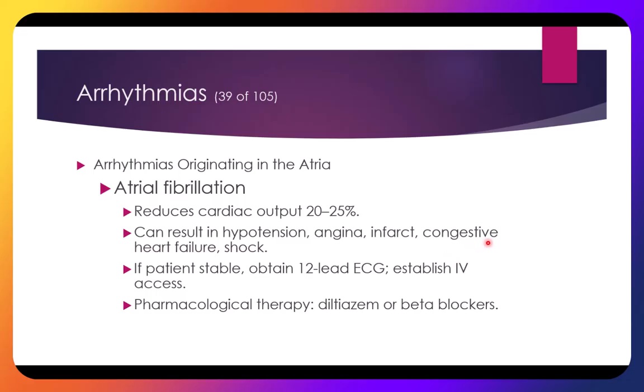You've probably seen a lot of advertisements on television for atrial fibrillation, for medications, for procedures, but atrial fibrillation is a real problem for patients. It's not uncommon in patients over the age of 50. And the big issue is that atrial fibrillation can reduce our cardiac output by as much as 25%. And that is going to be a problem for your patients, okay?